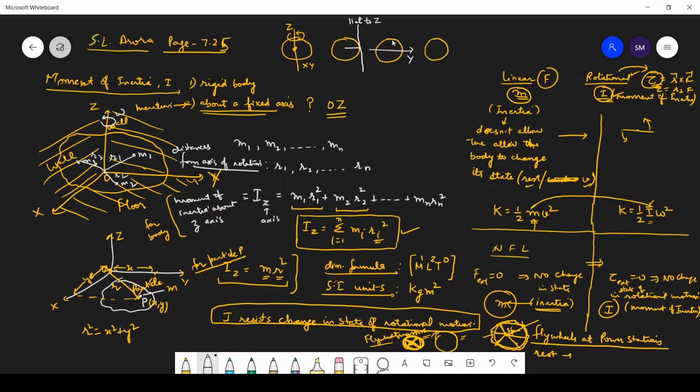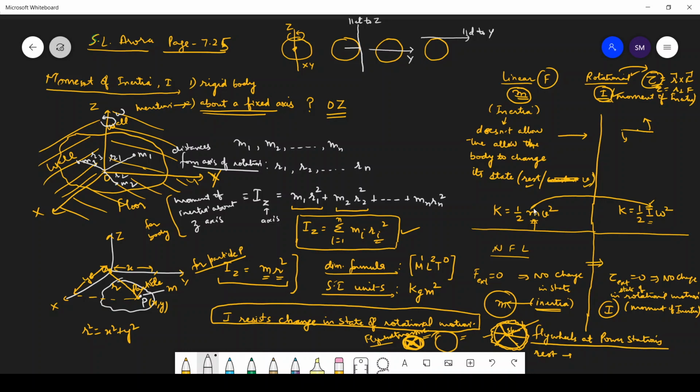Okay, so along diameter. And now I am rotating it again, bringing it at the tangent. So again bringing it at a tangent, again parallel to y-axis. So see, these are the four different axes.